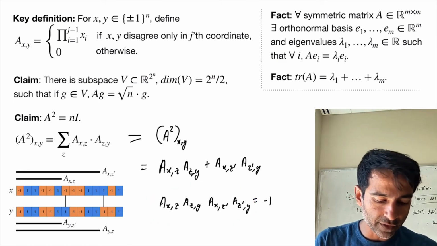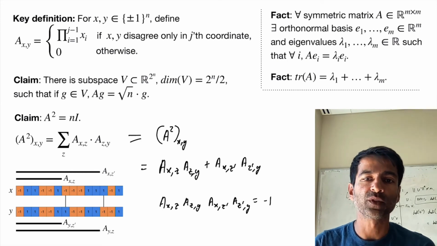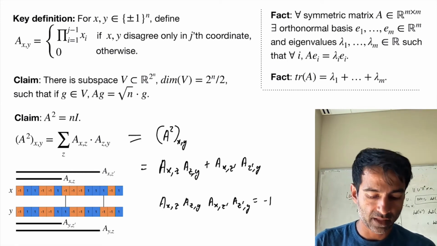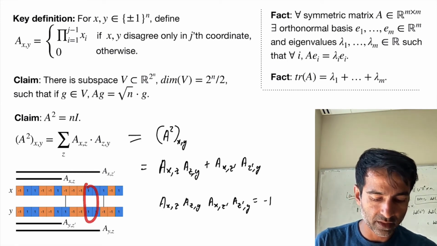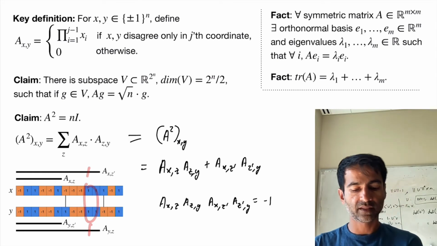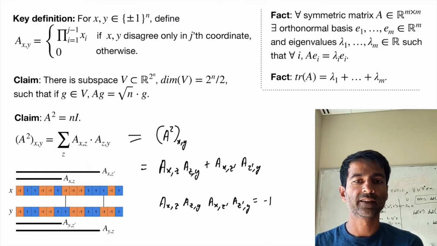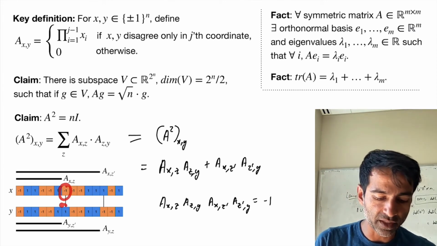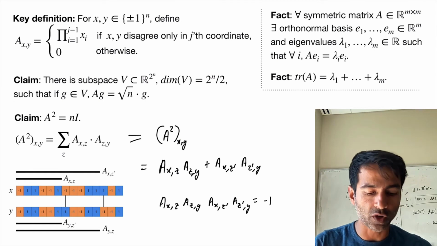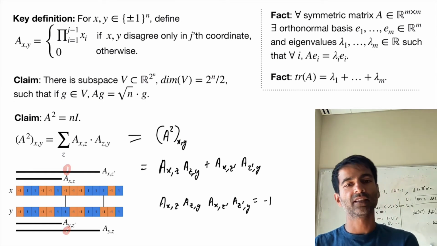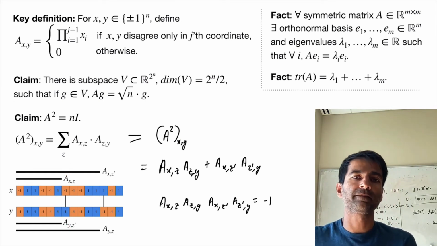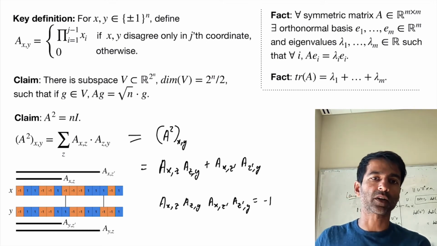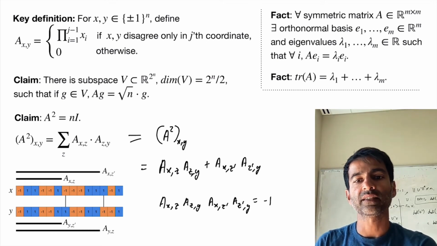Well, every number here shows up 4 times: 1, 2, 3, 4. So it contributes 1. Every number here shows up twice. So it also contributes 1. The only remaining numbers that show up in the product are these numbers, and they each show up once. And their product is -1. So the product of all 4 of these entries is -1.